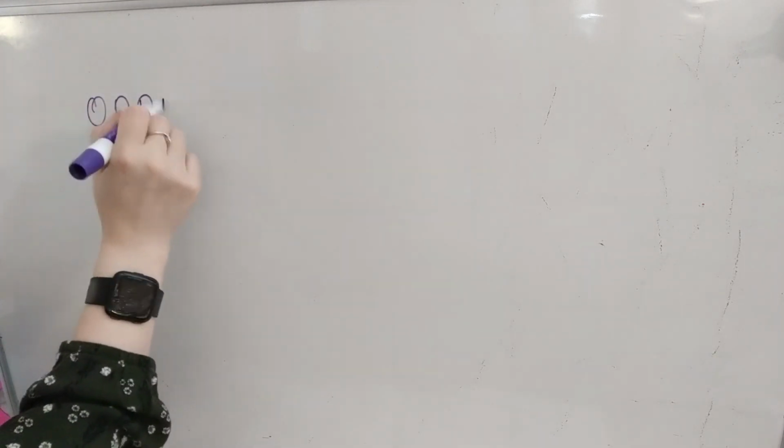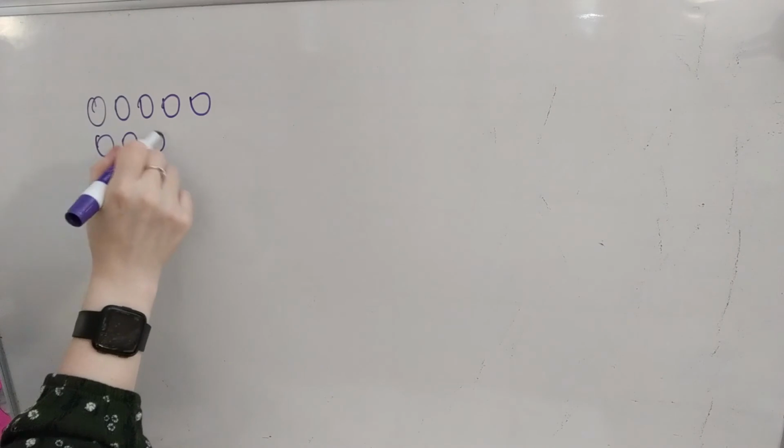Let's do the very last problem, number 6. It says there are 9 nails in the bag and 8 nails in the box. How many nails are there all together? Okay, so I'm going to read the first sentence one more time. There are 9 nails in the bag. 1, 2, 3, 4, 5, 6, 7, 8, 9.